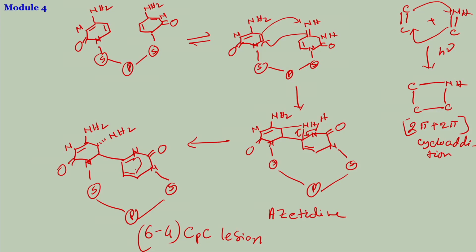and this can further undergo isomerization in presence of radiation, not in the same light, but with a little bit higher wavelength, around 320 nanometer. This undergoes isomerization to give you the Dewar valence isomer. This double bond comes here through the nitrogen, of course, and then this goes there. It is just isomerization.